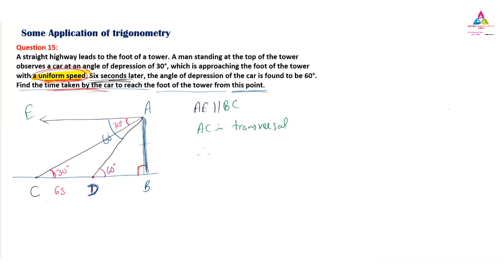Therefore angle ACB will be equal to angle EAC, that is 30 degrees. Similarly, we have one more line, AD is transversal, therefore angle ADB will be equal to angle EAD. This is also important, just make a note of it. EAD is 60 degrees.